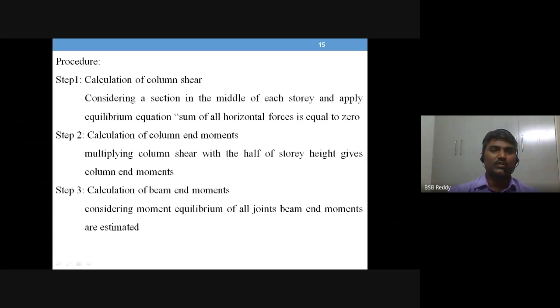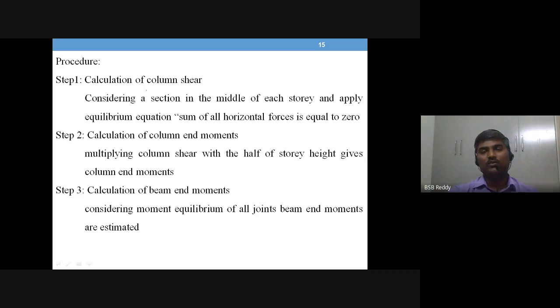Which quantity is to be calculated first, and then what to calculate next, is very important. The order of priority of calculation matters in this portal method. Remember you have to start from the assumption. That will be your step one.